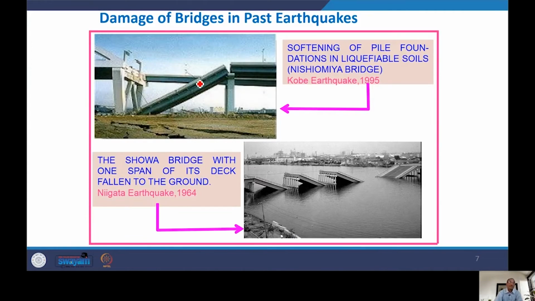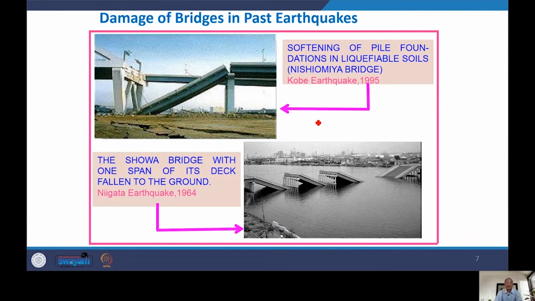The other two examples are where there was damage to bridges in past earthquakes. Again, it is soil amplification as well as liquefiable soils. Of course, these slides we will also discuss when we discuss pile foundations passing through liquefiable soils. The first photograph is from the 1995 Kobe earthquake, while the second one is from the 1964 Niigata earthquake.